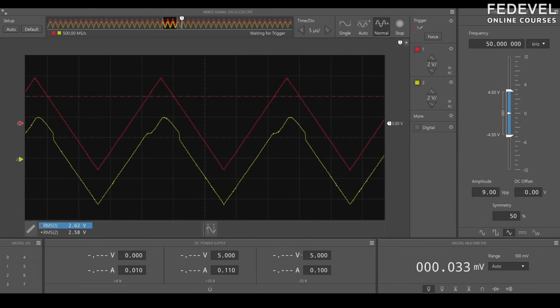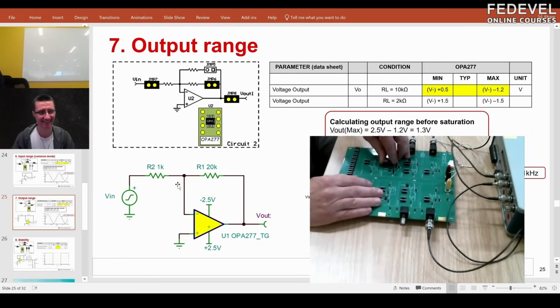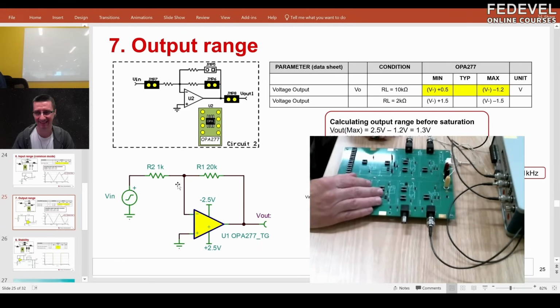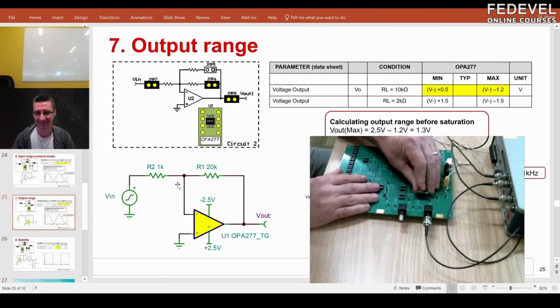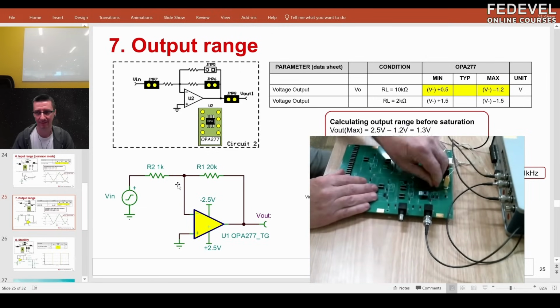So, well, let me connect the circuit first. This is circuit number 2, and we're using the OPA277. And the input signal and output signal connections are the same as the previous case.